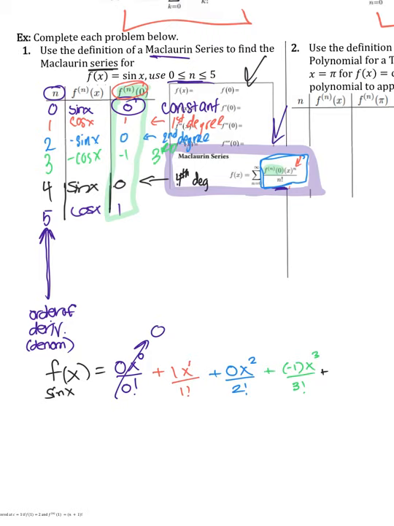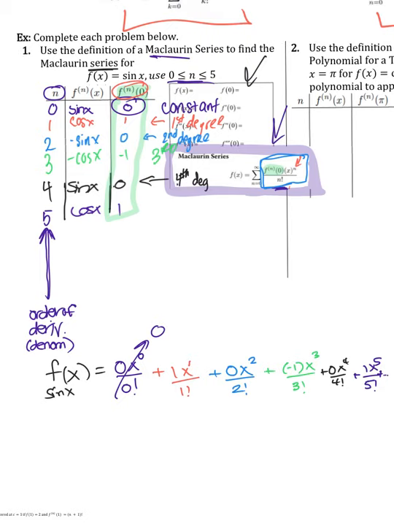Plus 0 times x to the fourth over 4 factorial. And then lastly, let's squeeze this in here, plus 1 times x to the fifth over 5 factorial. And for right now, I'm just going to write plus ... We are going to get to our general term.